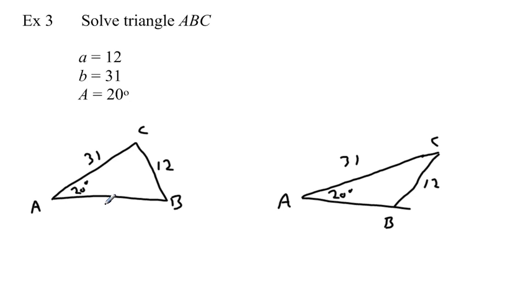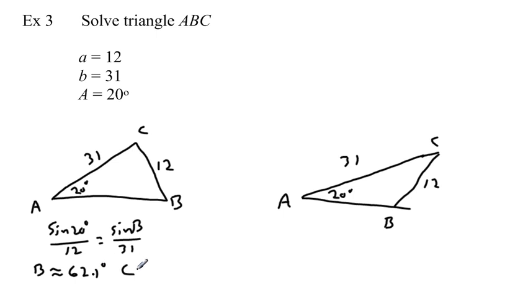So let's just run through like we normally would. I'm going to solve this triangle right here using the law of sines. So if I do that, I can say the sine of 20 degrees over the opposite side, which is 12, equals the sine of angle B over the opposite side, which is 31. And if you cross multiply and solve, you'll get angle B is about 62.1 degrees.